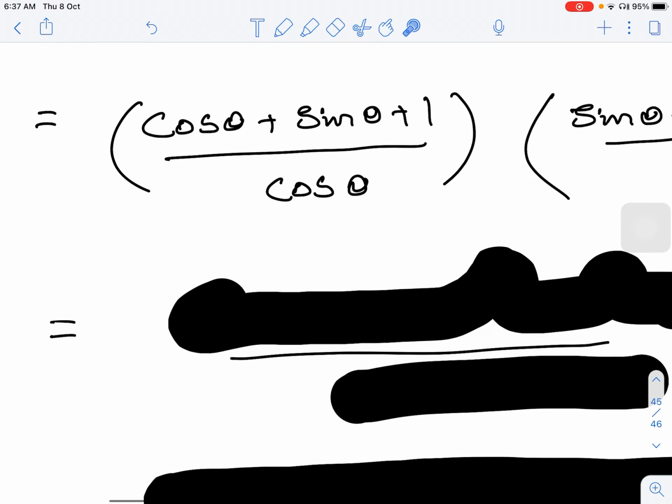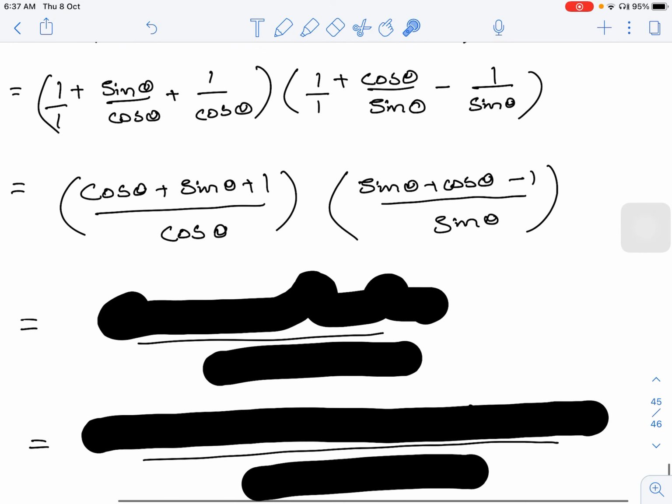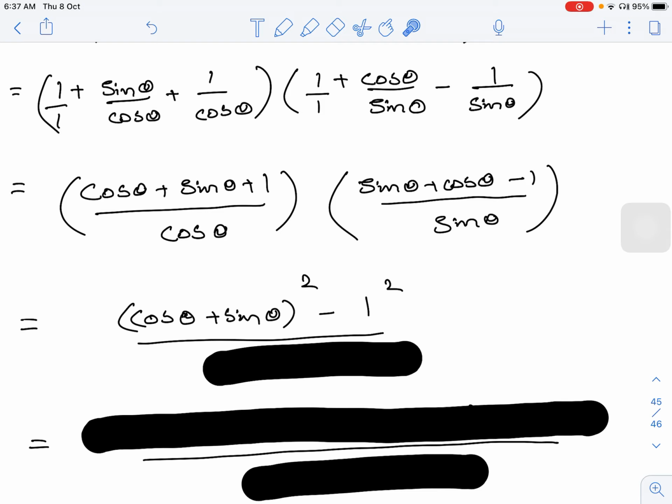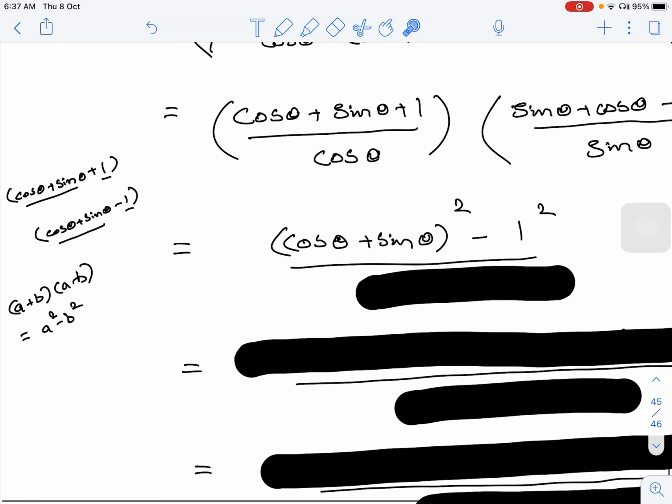Now we are going to apply this over here. So what do you get in the next step? We get our first term cos theta plus sin theta bracket square minus our second term 1 square. You can look at how we have considered this.